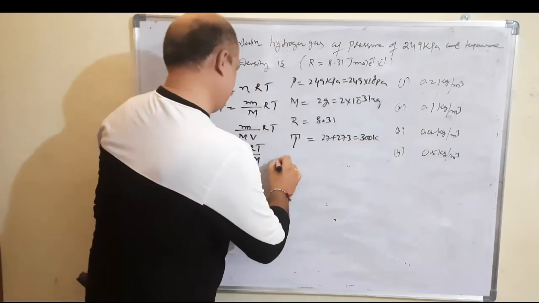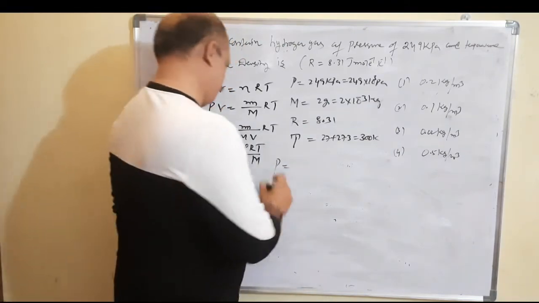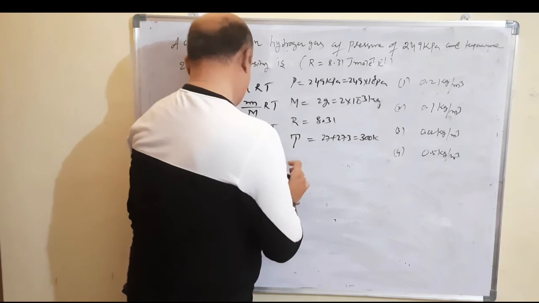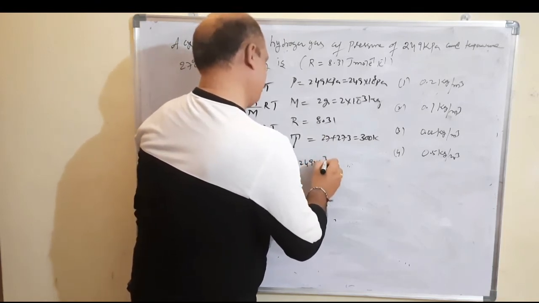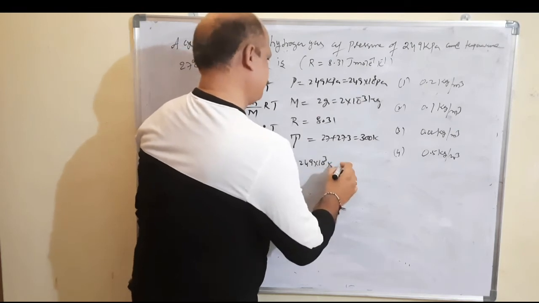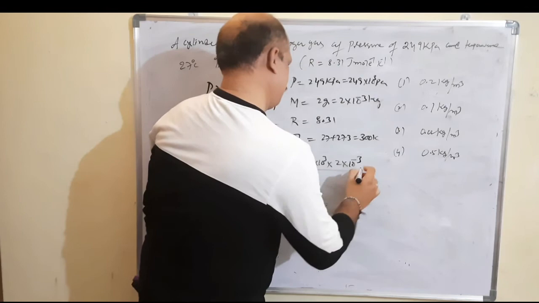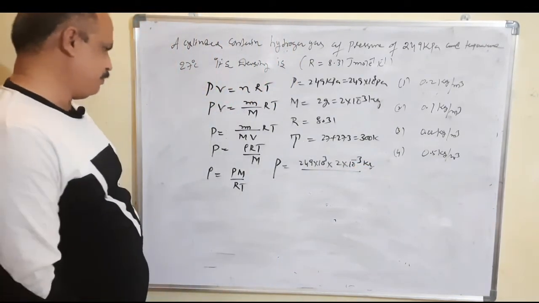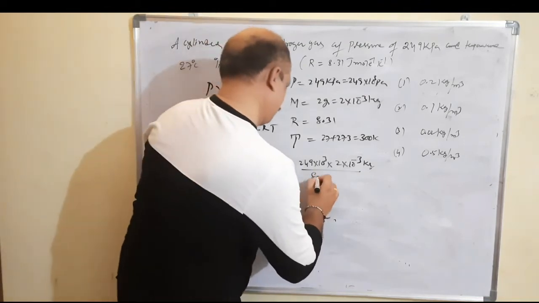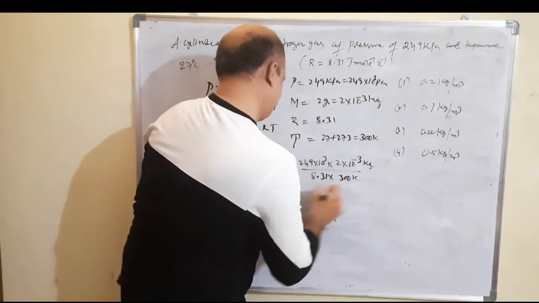Now substitute these values. Density is equal to P, 249 into 10 cube, into M, 2 into 10 to the power of minus 3 kilogram, by R 8.31, T 300 Kelvin.